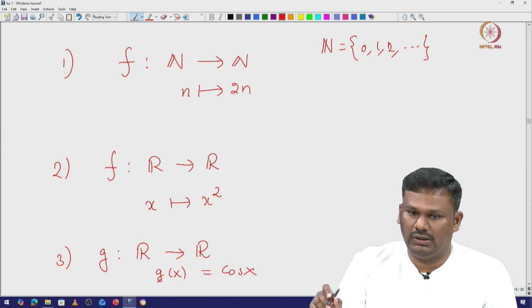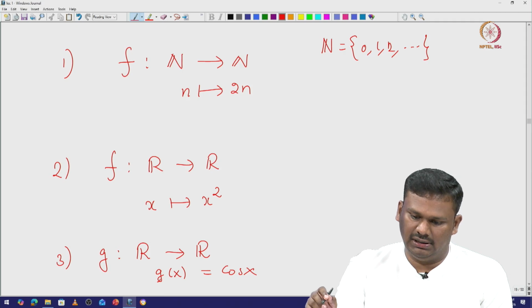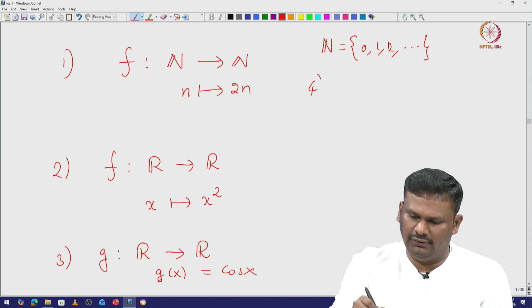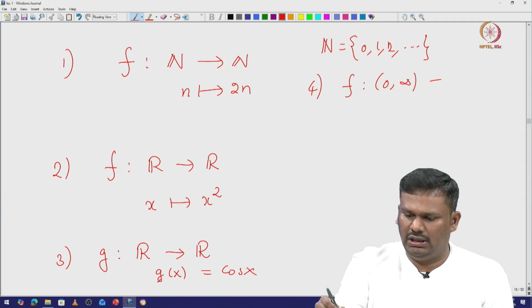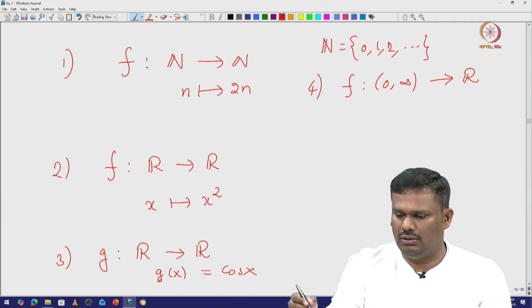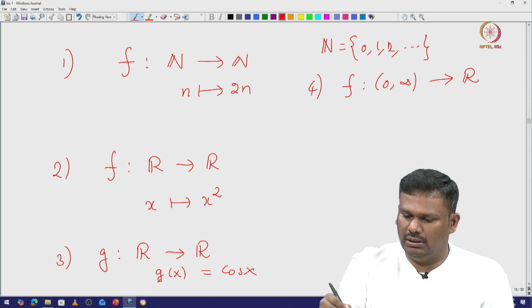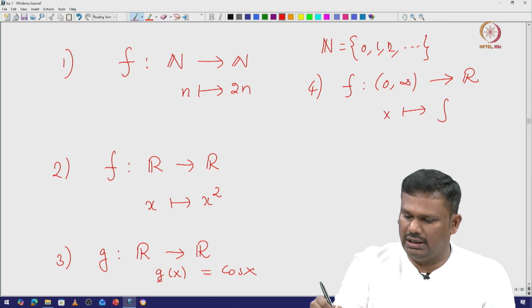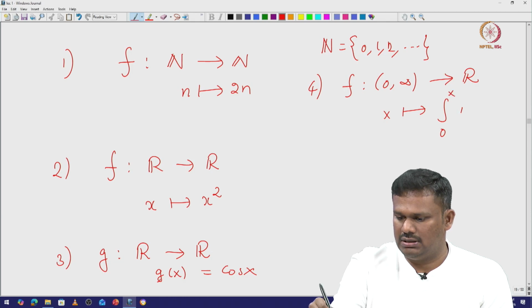Sometimes you may also define using more complicated notions. For example, you can define a function from 0 to infinity to R, okay, like x goes to integral 0 to x of t square dt.